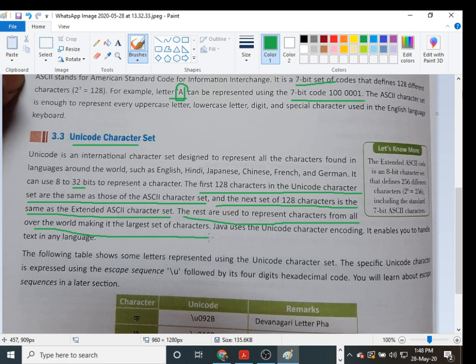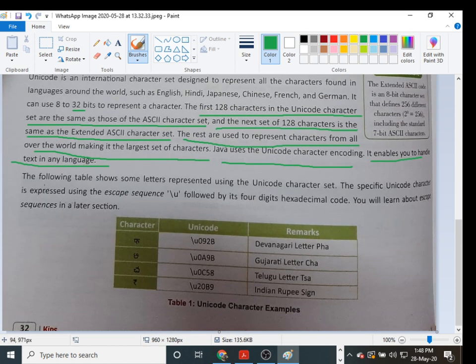Java uses Unicode character encoding. It enables you to handle text in any language, because it uses the Unicode character set.